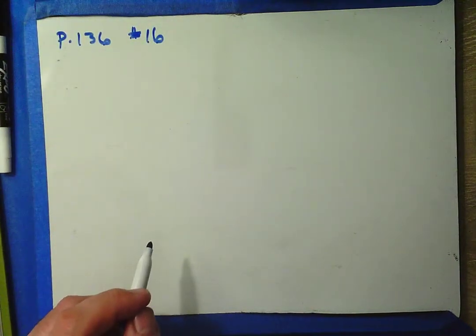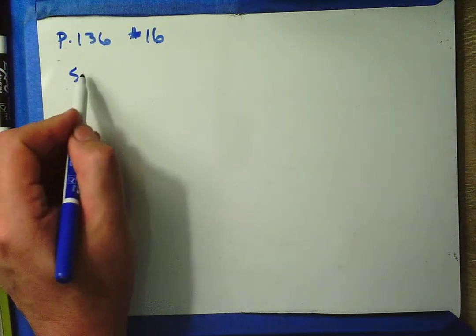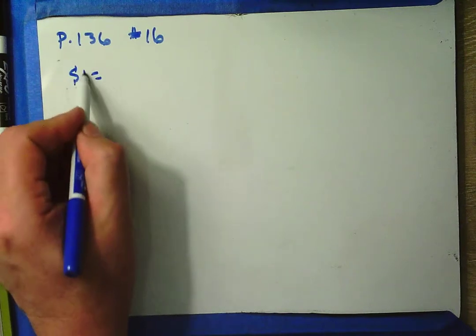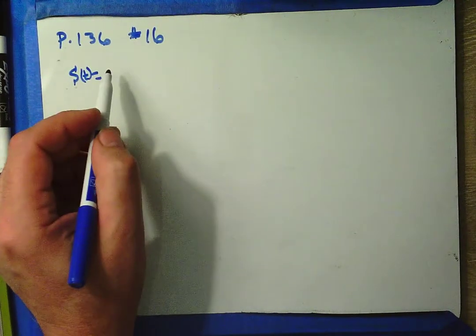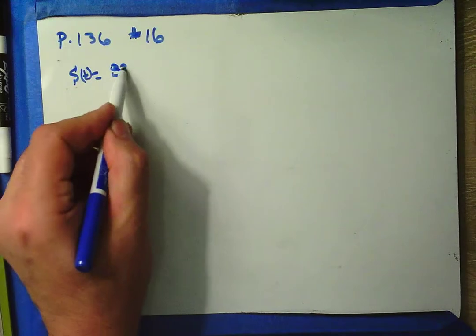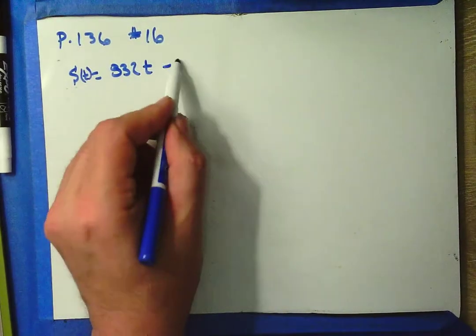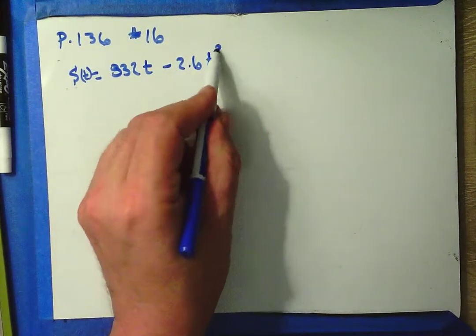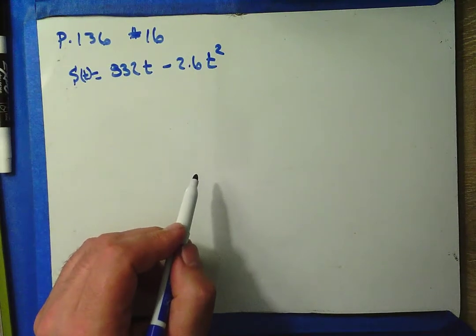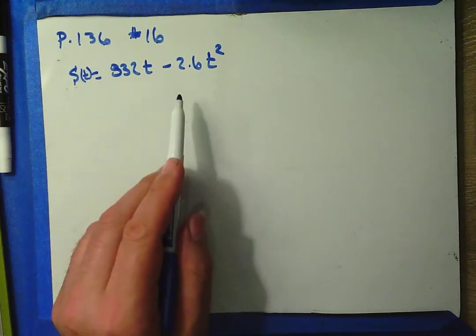A bullet fired straight up from the moon's surface will reach a height of s. This is my position function: s of t equals 832t minus 2.6t squared after t seconds, and this is feet.